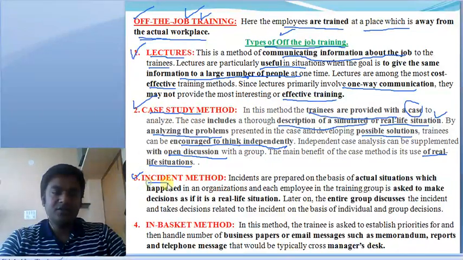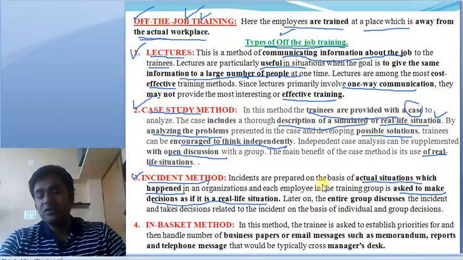Third method is the incident method. Here the company takes a situation in the past where an incident has happened, and that incident is given to the trainees. The trainees are asked to make decisions as if it is a real life situation.